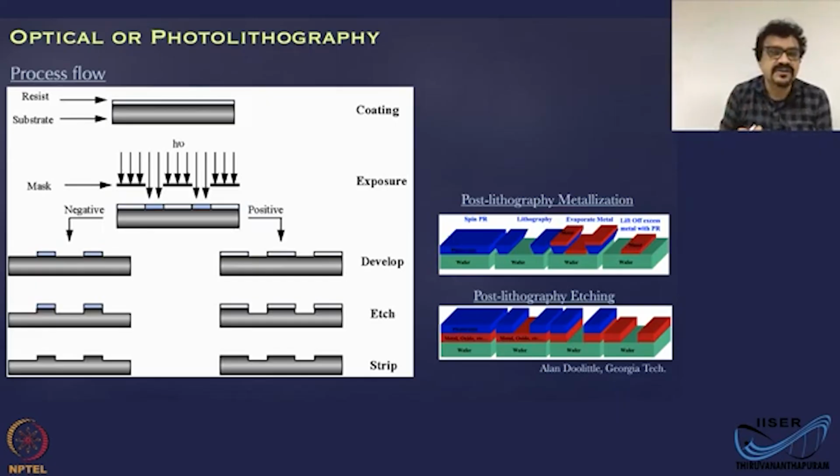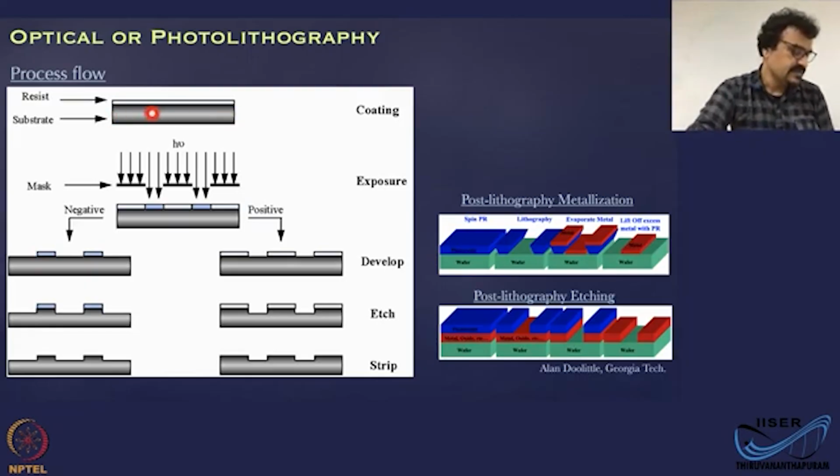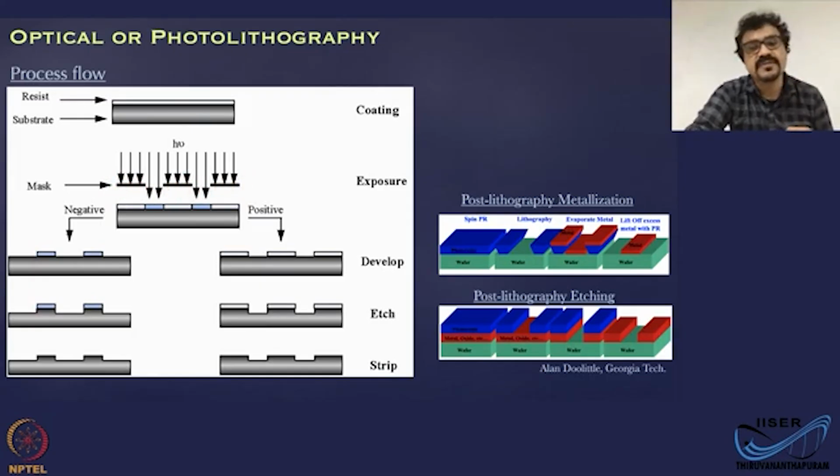exposed the radiation. Okay, so for example, there is a substrate here, and you have a polymer which we call a resist, okay, which is coated on the substrate. Okay. And you have a stencil, it's a thick black line here, which is placed on top of this substrate, which is coated with this polymer.